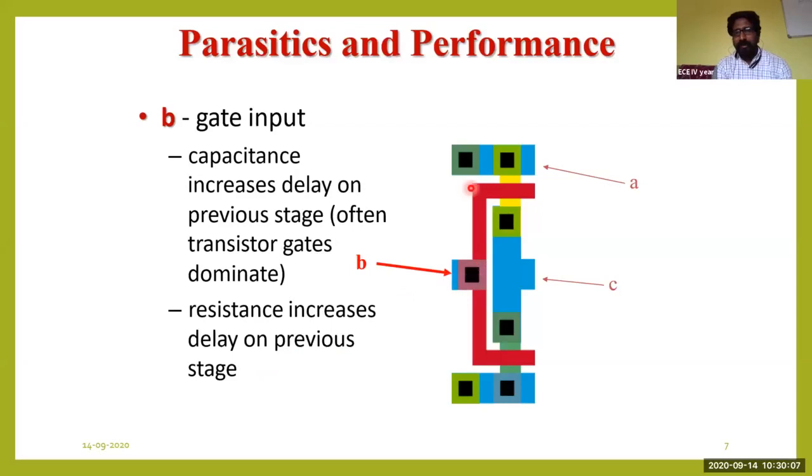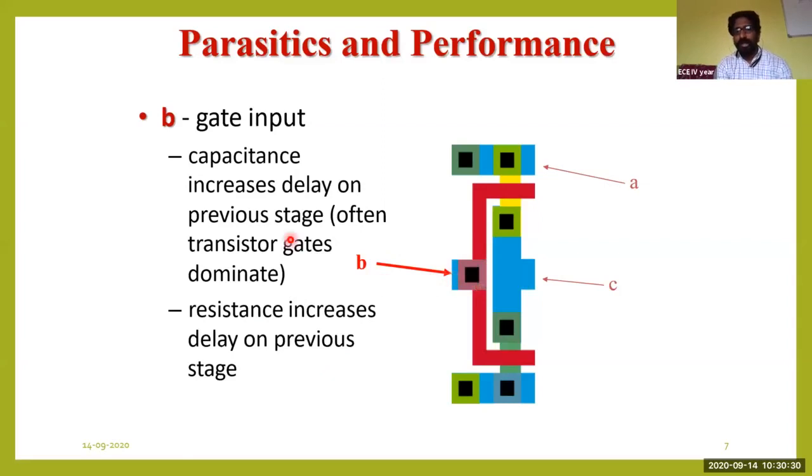Let us assume this is a buffer circuit that has another inverter over here. If you have a large capacitance and resistance here, the signal from the previous inverter takes a longer time to feed its output as an input to the second inverter.